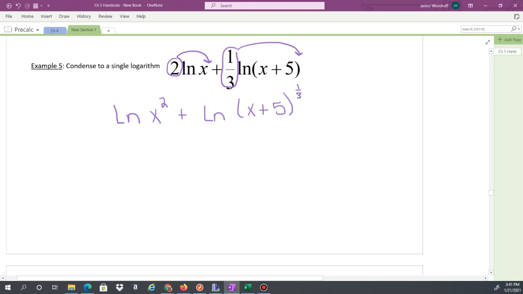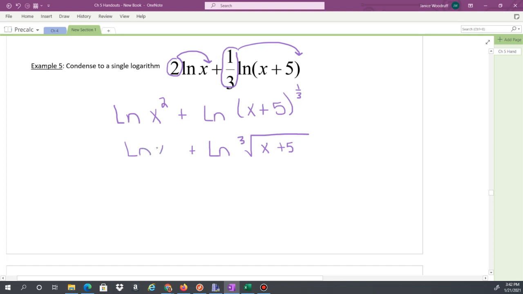Then you want to take this and apply the rule to make this into a radical. So that means I'm going to go natural log radical x plus 5. The top of the fraction goes inside the radical, so there's a 1 there. I don't need to write the 1. The bottom of the fraction goes outside the radical, so I have a cube root there.